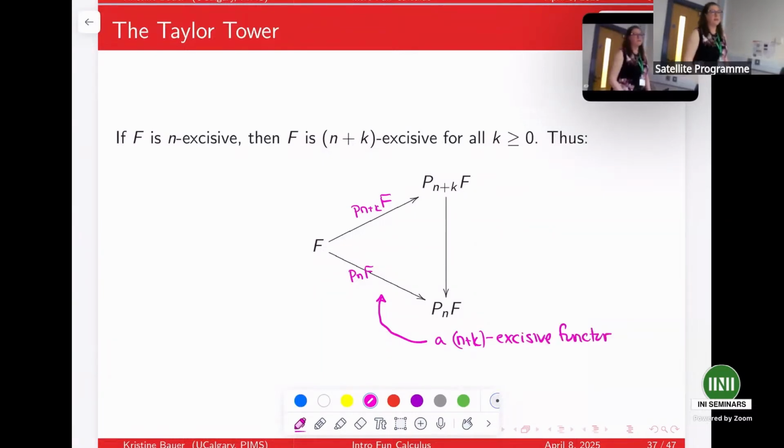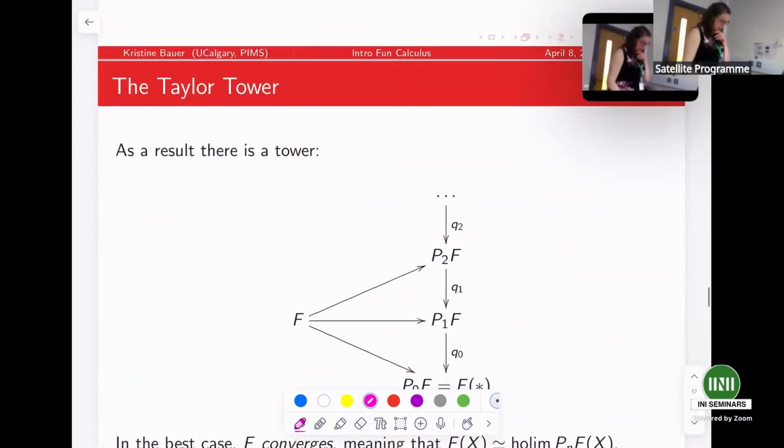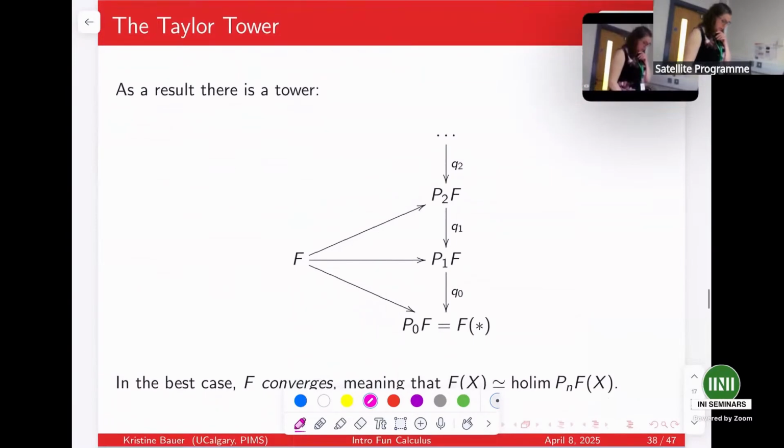And by universality, that means that it has to factor through. So I'm going to get a map here that I'll call Q. Well, this is the easy way to show that in fact you get a whole tower.